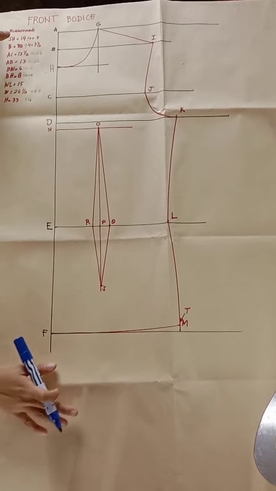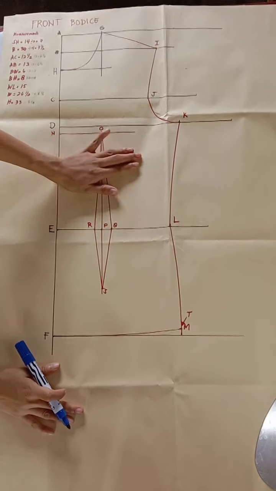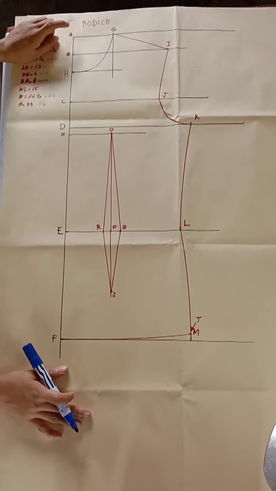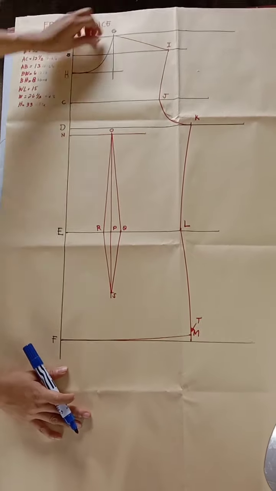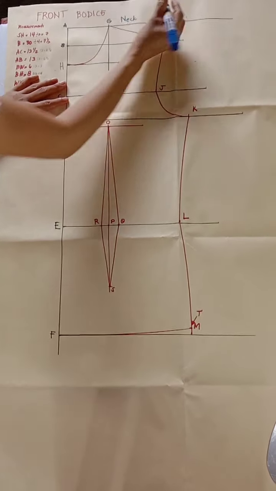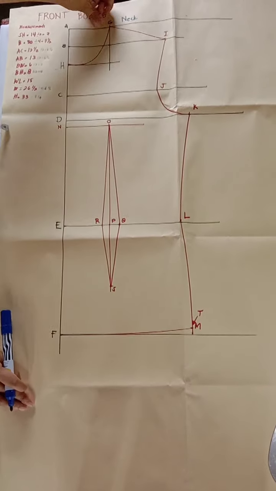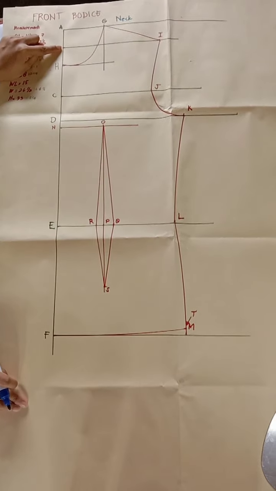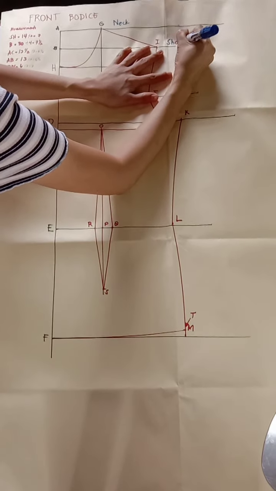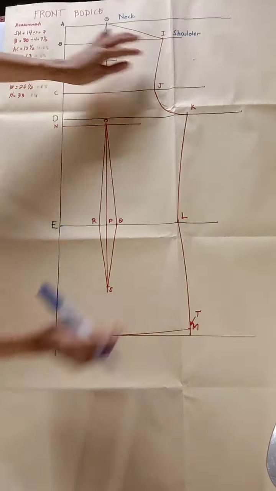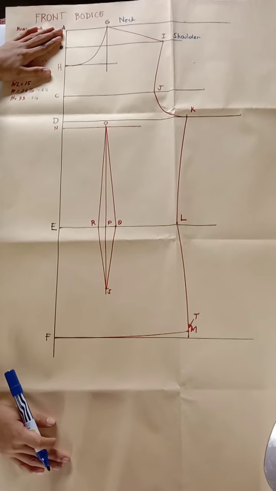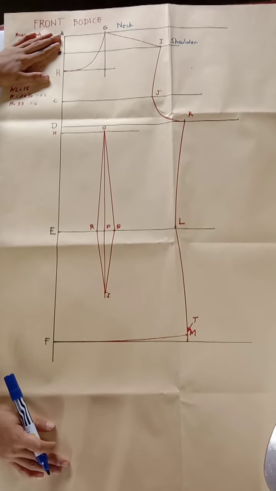So, dito sa last part natin, i-identify muna natin yung mismong pattern. Itong first line na to, mapapansin nyo, nakakonect siya sa ating neck part. Yung second line naman, nakakonect sa ating shoulder. Dinidiscuss ko to para mas madali yung matandaan yung process ng pag-draft ng front bodies.